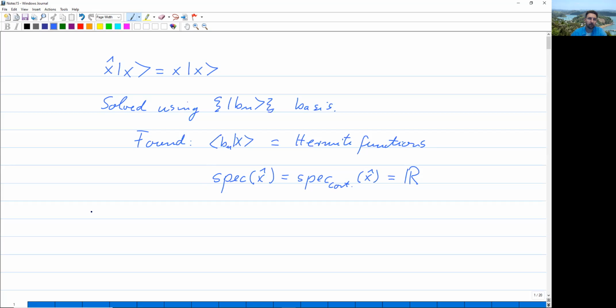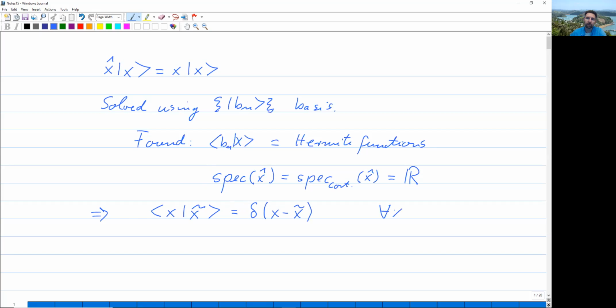So therefore, what we have is position eigenvectors, let's call them x, and another position eigenvector might be called x tilde, and they are out of a continuous spectrum. Therefore, they cannot be properly normalized. They can only be continuum normalized. So we have here the Dirac delta instead of the Kronecker delta.